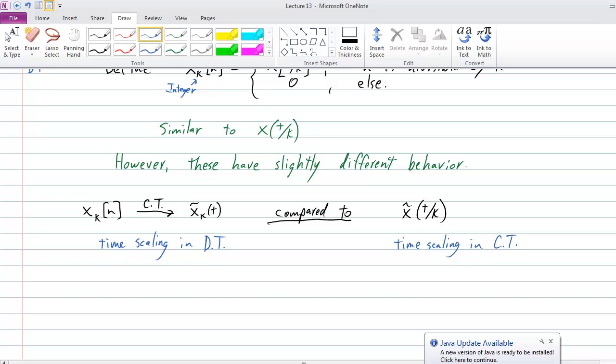All right, and now let's plug in what I claimed was the Fourier transform.